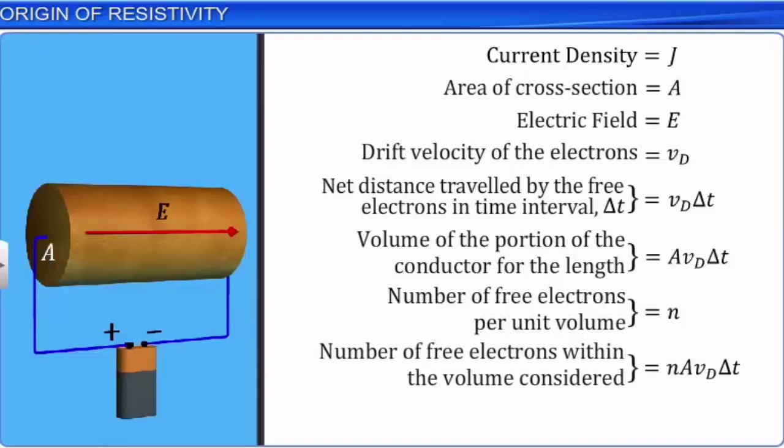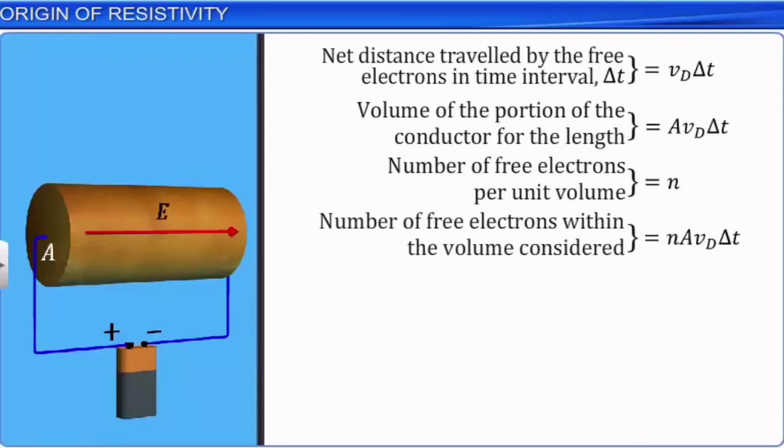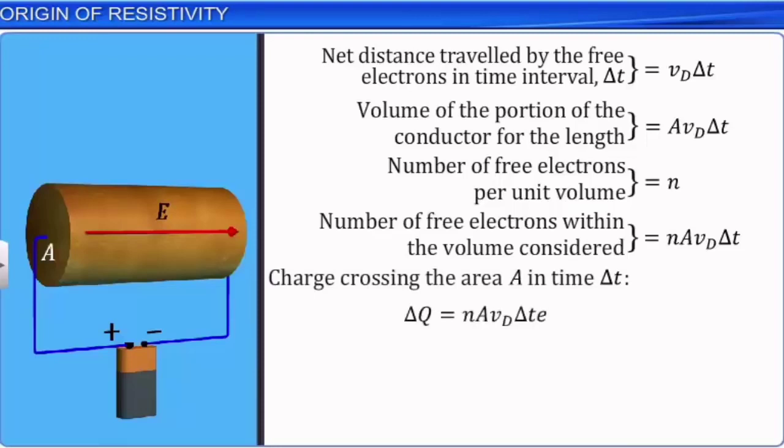All these free electrons cross the area in time delta t. Hence, the charge crossing the area A in time delta t is given by delta Q is equal to n A Vd delta t e. Let this be equation 7.